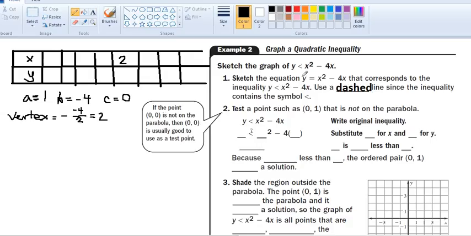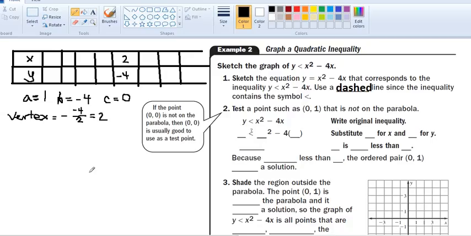Now you can use that 2 right over here. So 2 squared is 4 minus 4 times 2, which is 8. So the value for 2 is -4.